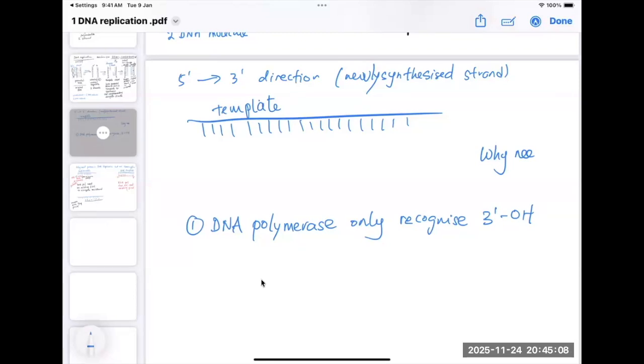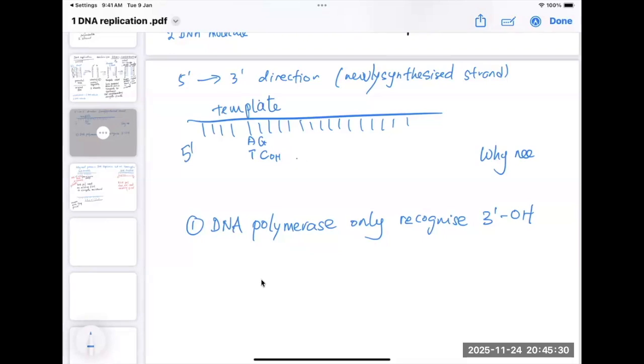So here, if this one is an A, the one with the T will come. Here is a G, the C will come. But what do they need? They always need the OH group, and then only they join. So this side here is the 5' end.